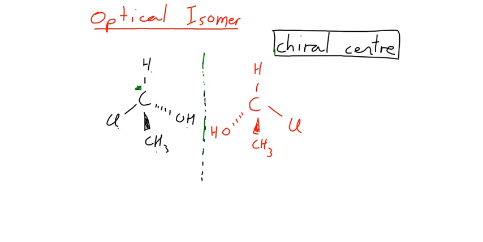Usually in a question paper, they will give you a space and ask you to draw the optical isomer of a specific molecule. After that, obviously, they ask you to identify the chiral center. You can play with this, but this is the easiest way that I'm showing. It is going to be in a 3D type of way, where the line becoming thicker means it's coming towards you, the dotted line means it's going away from you, and the two straight lines are in the same plane.